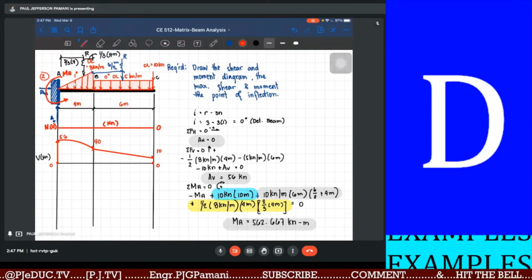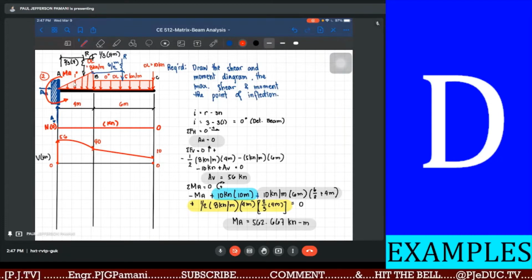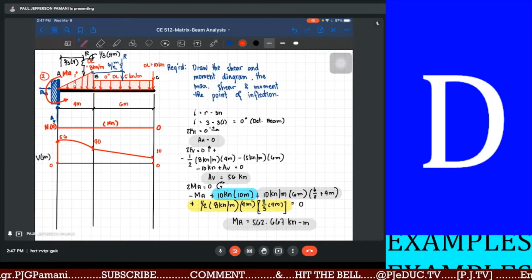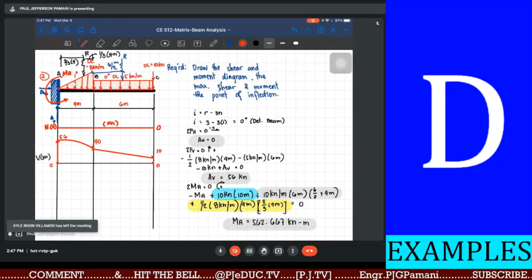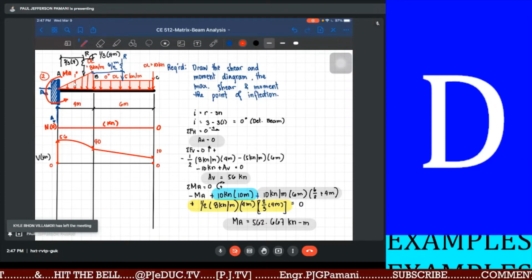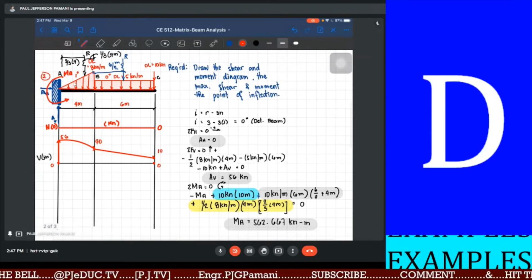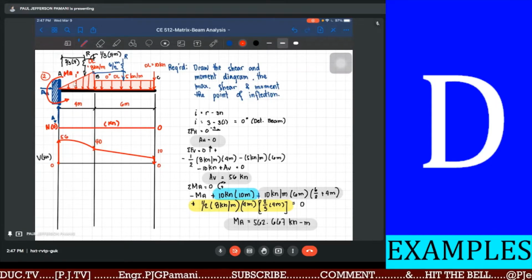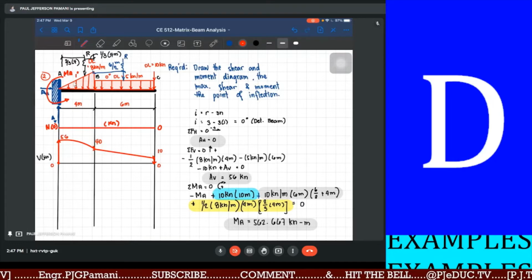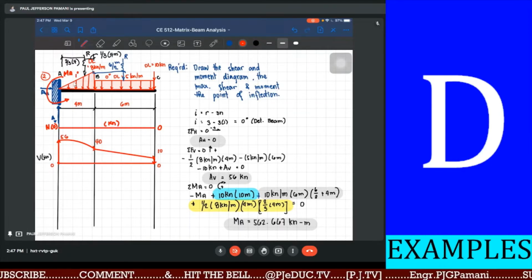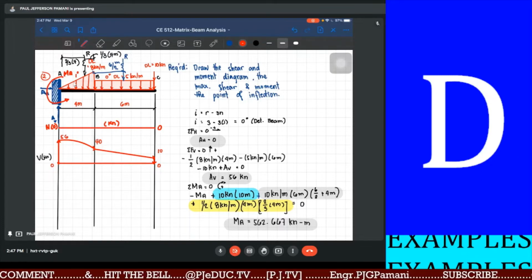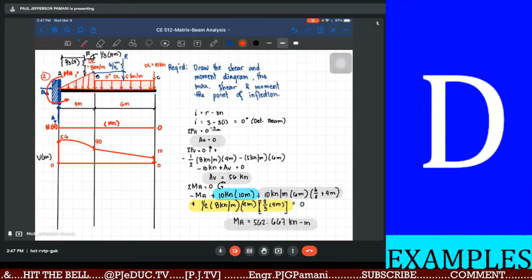So, we forgot the concentrated load of 10 kilonewton also directed downward. So, we end at 10. Subtract natin si concentrated na 10. We have now end up at 0. Meaning, the reaction that we have computed is indeed correct. Okay?